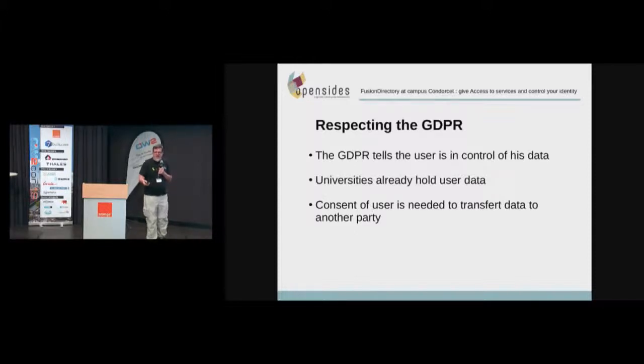Should I ask again the user, please accept that I give your data to the other entity? And of course, in GDPR, you need consent, informed consent. So it's not only, I will give you data, it's, do you agree that I give the data to the other people? So there is a big part on consent.